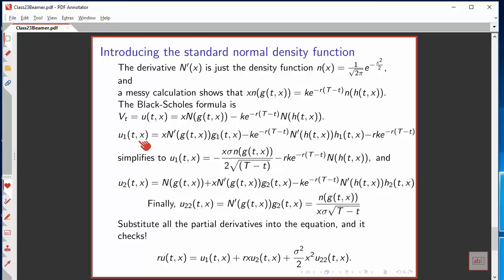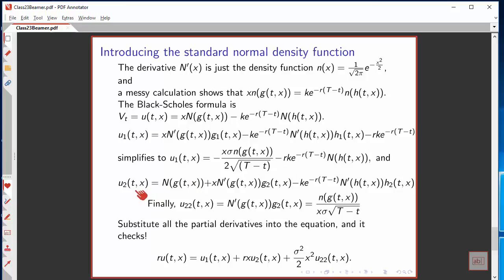When I take the partial derivative of this function u with respect to its first argument t, the chain rule calls for me to differentiate capital N, which I'm quite happy to do because the derivative of capital N is just little n, for which I have a formula. And therefore, when I scrupulously apply the chain rule and then simplify by writing things in terms of little n, I get something that is not nearly as bad as it was before. Fits nicely on one line.